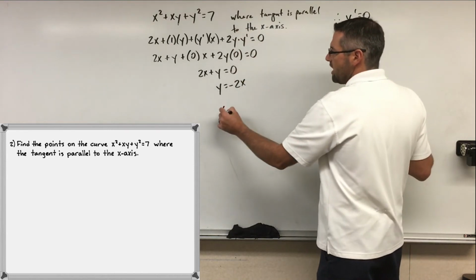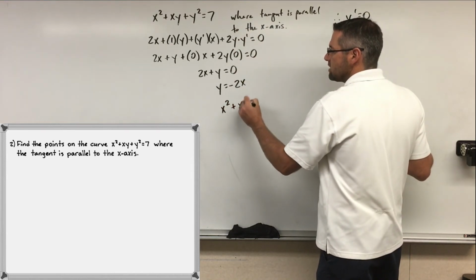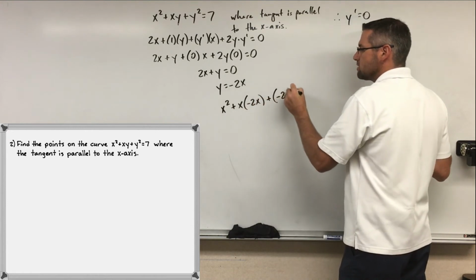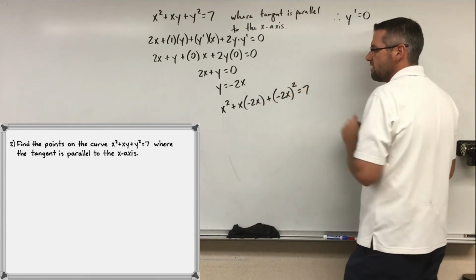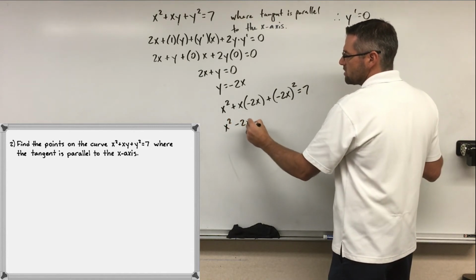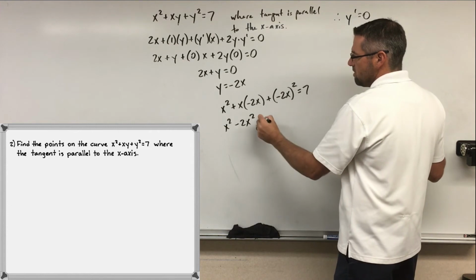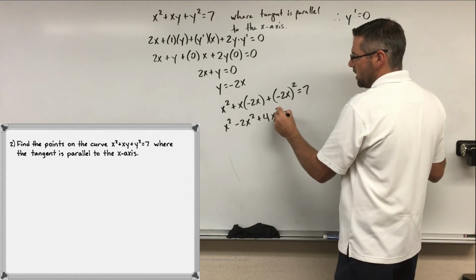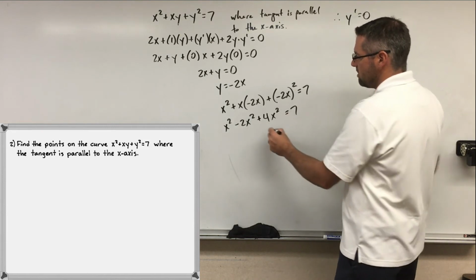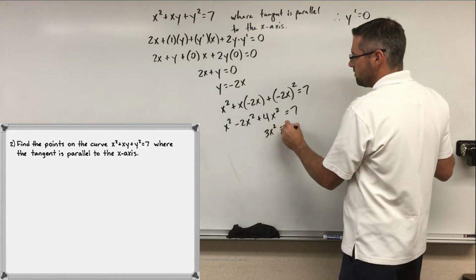So that would say x squared plus x times negative 2x plus negative 2x squared equals 7. And so we end up with x squared minus 2x squared, and then this one's going to be plus 4x squared equals 7. So that's going to be what? Negative 1. That's going to be 3x squared equals 7.